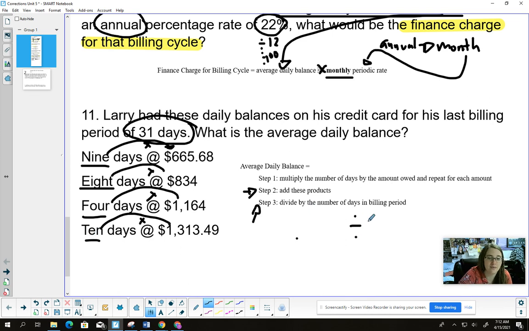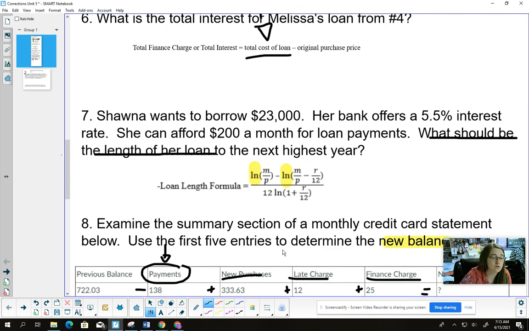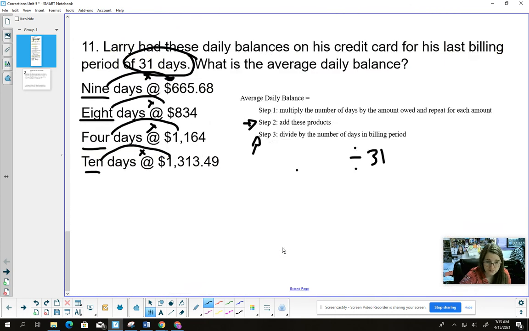So you should have divided by 31 as your last step. So that may have been your mistake, is that you forgot to do that. If the answer you got is like somewhere in the 20,000 to 30,000 range, maybe more, you just forgot to divide by 31 probably.